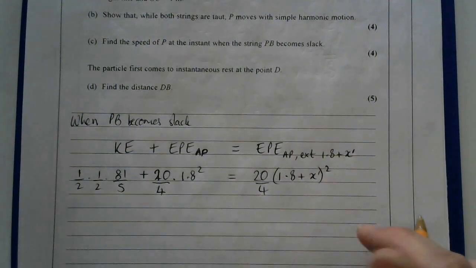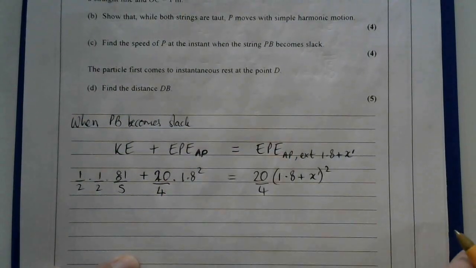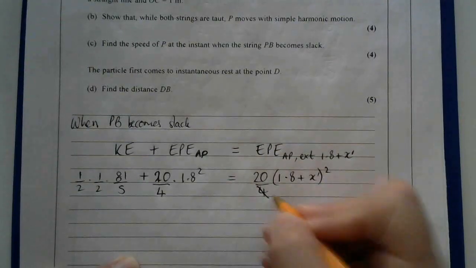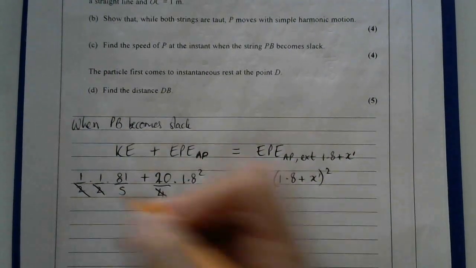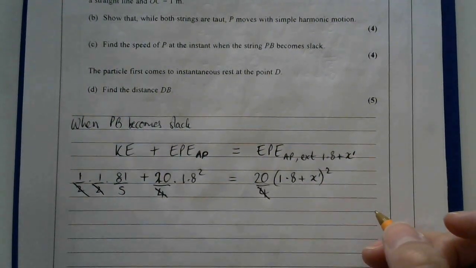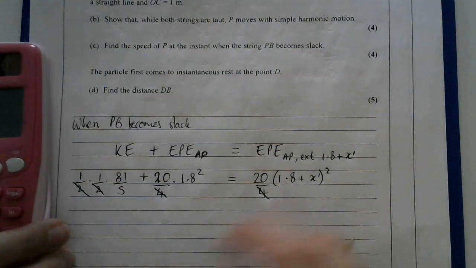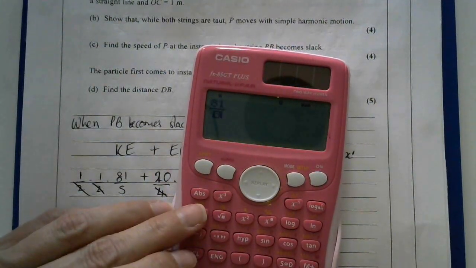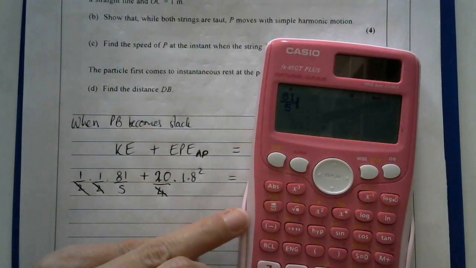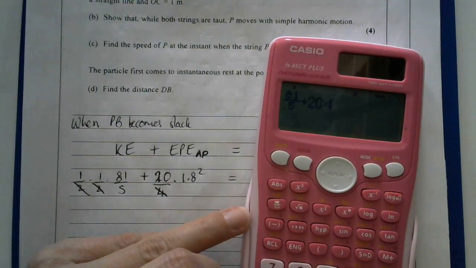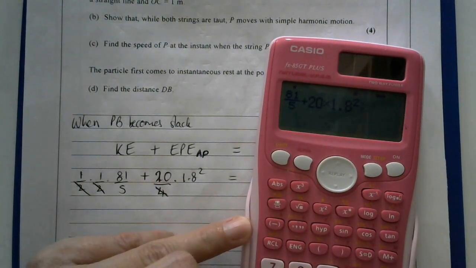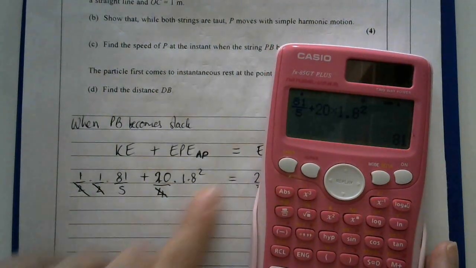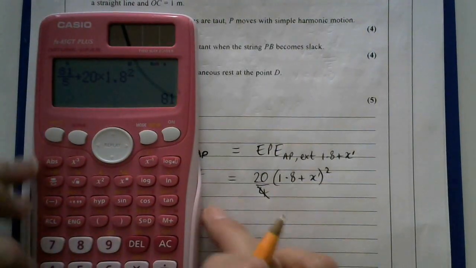Okay, so let's see what will cancel. So I've got divided by 4 here, here, and here. Then I can add all of that stuff up. So I've got 81 over 5 plus 20 times 1.8 squared. Okay, so I've got 81 altogether here, divided by 20.